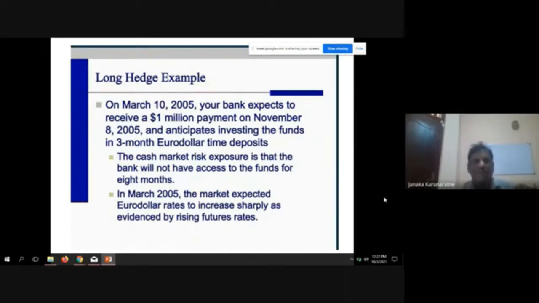For example, on March 10, let's say 2005, your bank expects to receive a $1 million payment on November 8, 2005, and anticipates investing the funds in a 3-month euro-dollar time deposit.